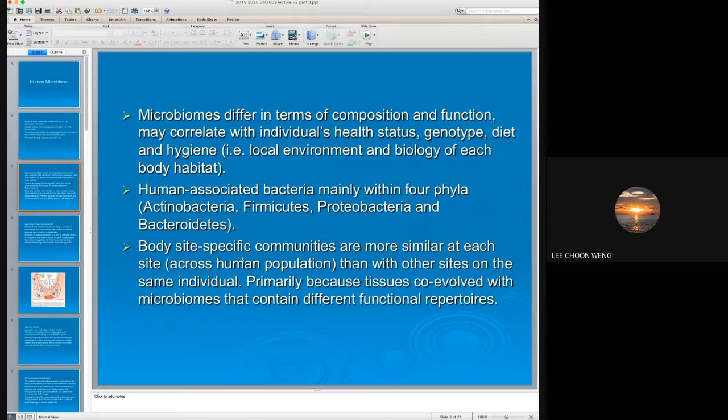So there's more variety between the microbiome on your skin and your oral microbiome than when compared to other people.